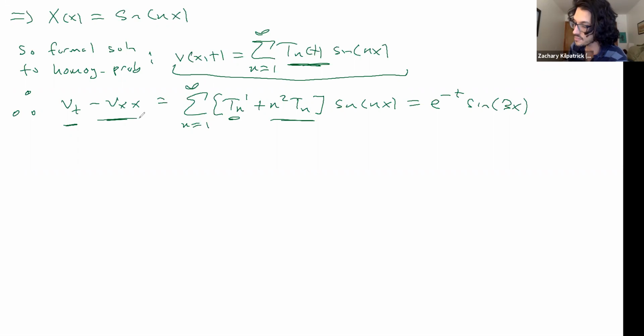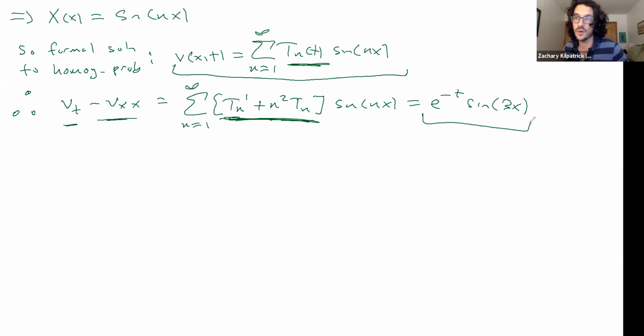If I'd had sines and cosines, I would have had to expand this out into sines and cosines, or if I'd had different numbers of derivatives in there. But it works out nicely so that I just have a differential operator acting on T, my coefficients for my eigenfunctions, the temporal coefficients that need to account now for this.